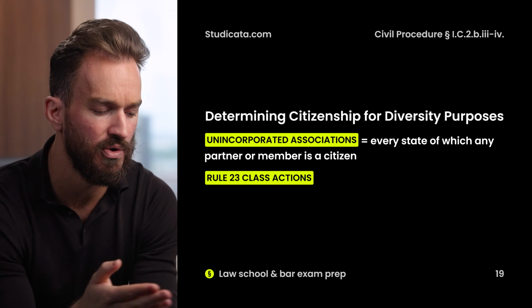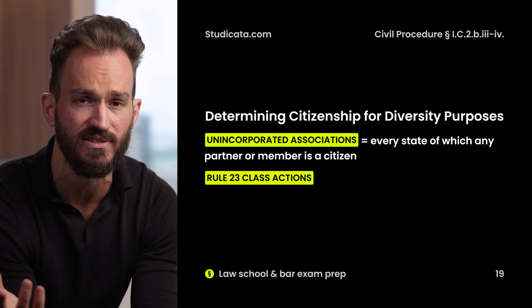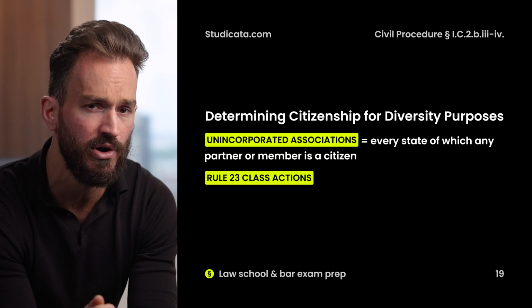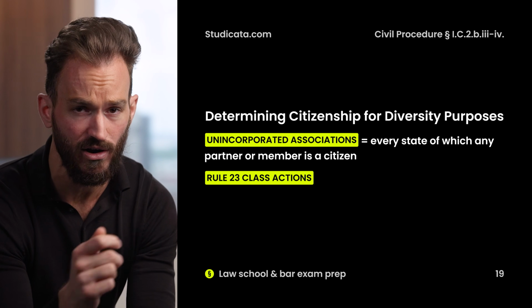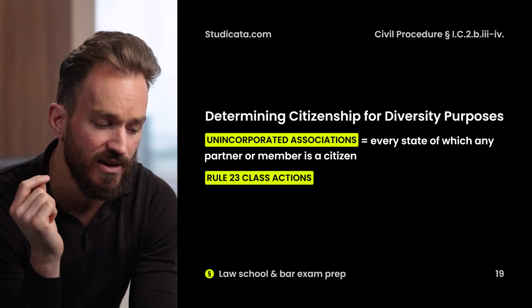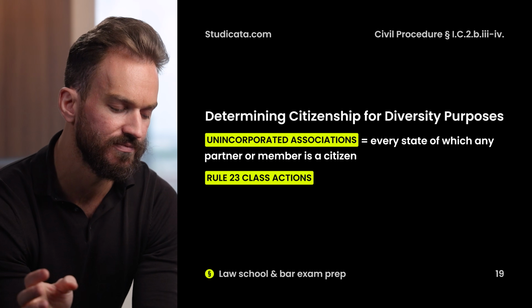That's the citizenship. So an unincorporated association can be a citizen in all 50 states. If it's got 50 members and every single member is from a different state, then that unincorporated association is a citizen of all 50 states. Okay, that's just how it works.